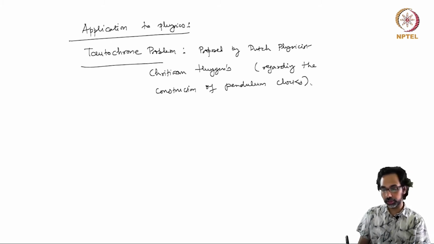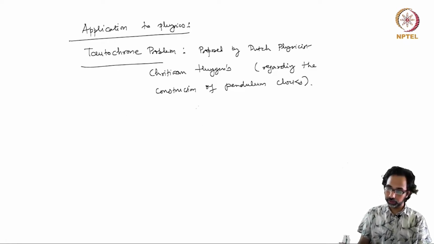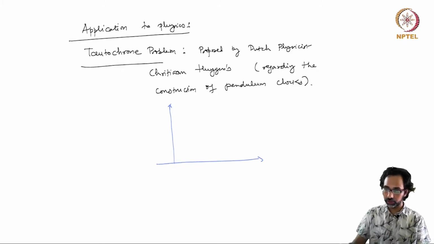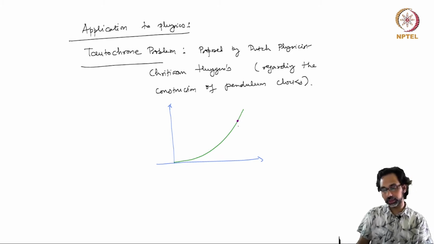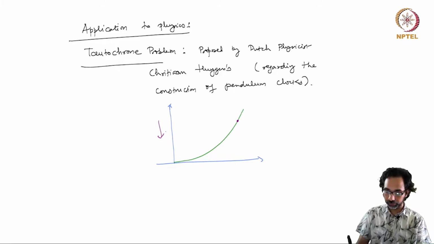And Huygens considered the problem for a curve in the plane R2. So if you have a curve passing through (0,0), let's say like this. This is a curve in R2, and the problem that Huygens proposed was to take any point on this curve and consider the action of gravity, the force of gravity being in the downward direction.